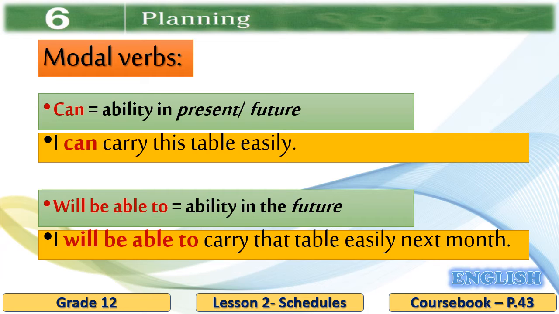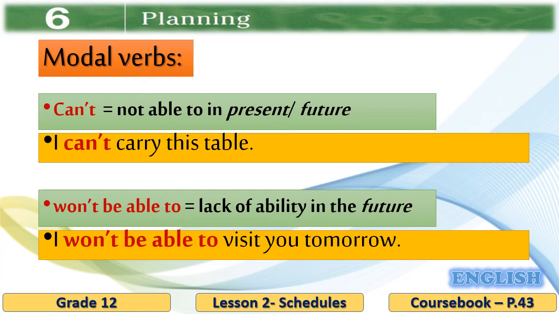On the other hand, we have the one that refers to ability in the future, which is will be able to. Like in the example, I will be able to carry that table easily next month. Maybe he can't carry it now, but next month he will be able to carry it easily.